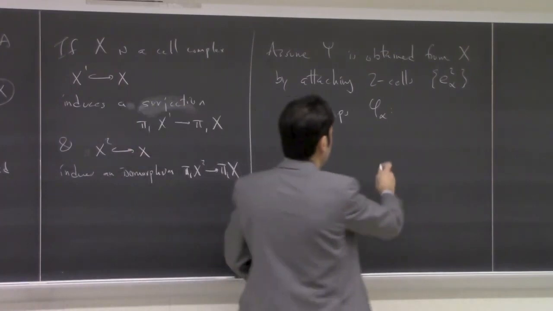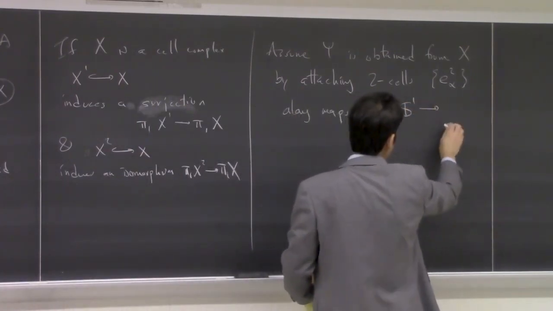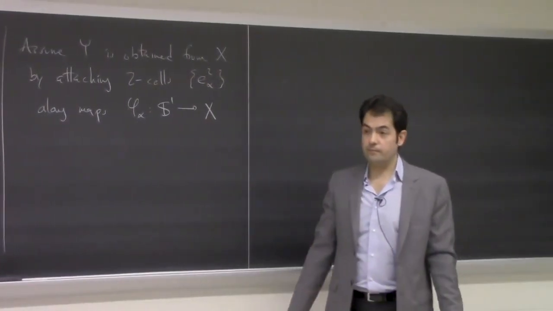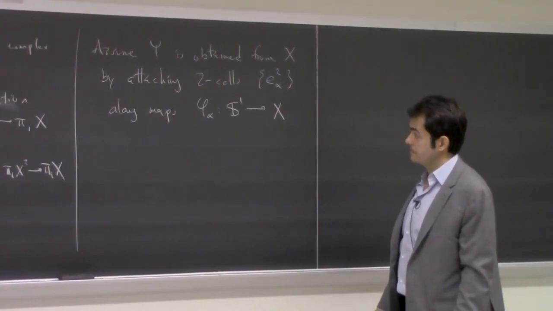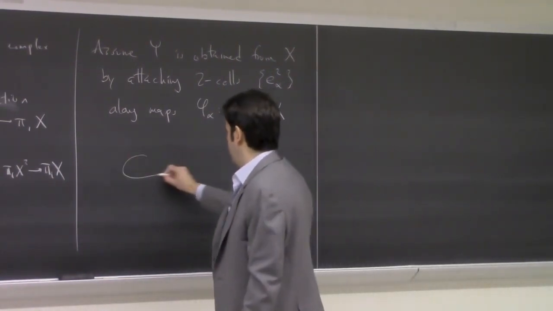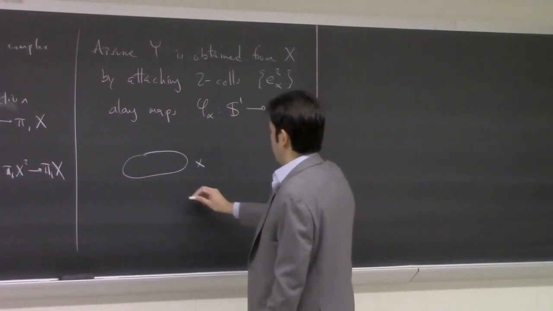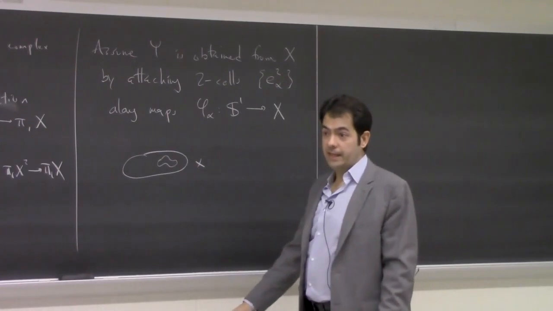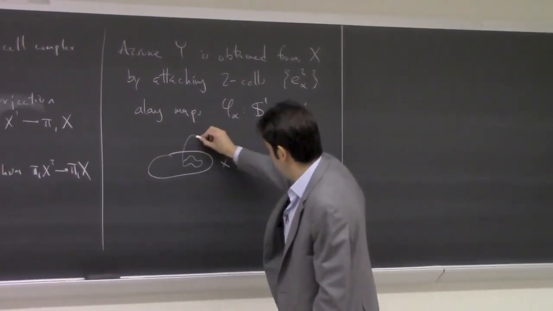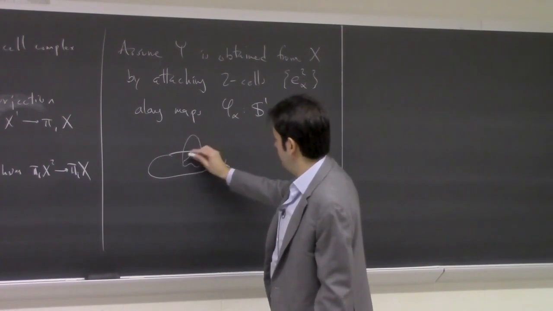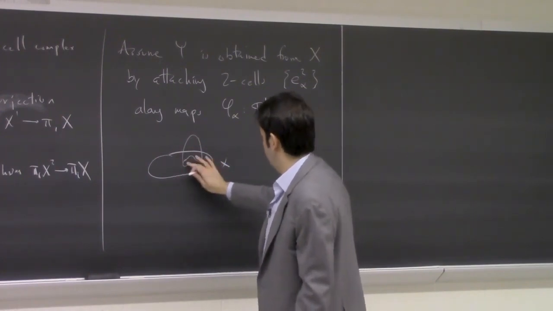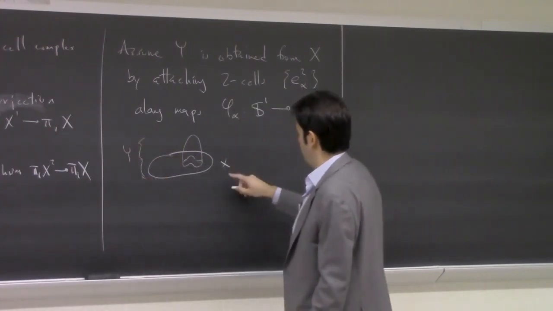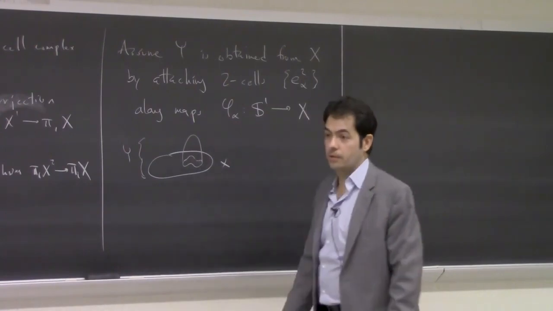So the boundary of the ball is just a circle, and so we need a map into X. Okay, so if you like, here's X. Phi alpha tells you where to put a circle, and then you obtain Y by filling in that circle with a disk. So this would be Y, this would be X, and this is the map you've attached by.